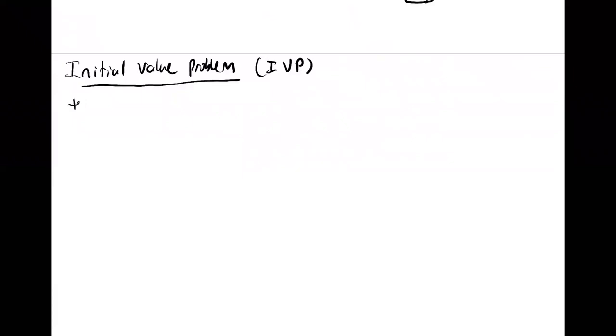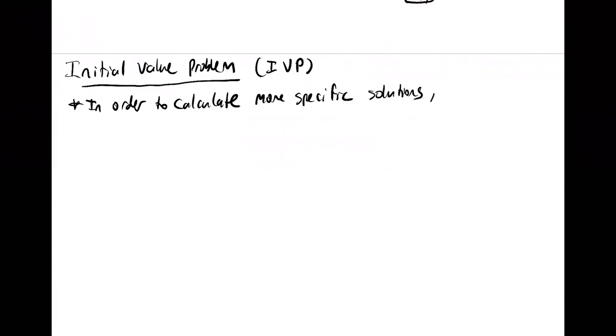Right, so in order to calculate more specific solutions, well, as we saw with the simpler first order equations, you need some initial conditions, right?